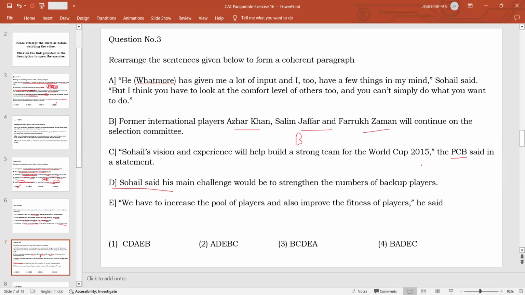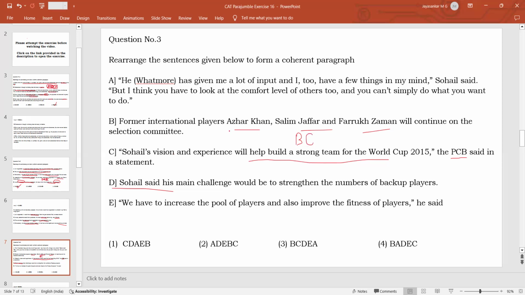So we have to first talk about the opinion of PCB that is leading to Sohail's opinion. Sohail's vision and experience will help build a strong team for the World Cup, which means the Pakistan Cricket Board might have appointed Amir Sohail as the captain. So they are making a statement that Sohail's vision and experience will help build a strong team. That is why C should be the next statement.